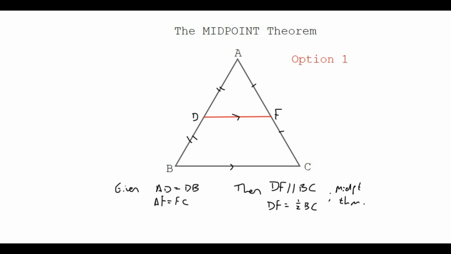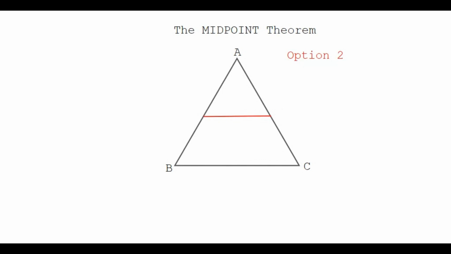Alright, that's option 1. We have an alternative. It has a cousin that means exactly the same thing. Option 2 would say if it connects halves. Remember, this is DF.